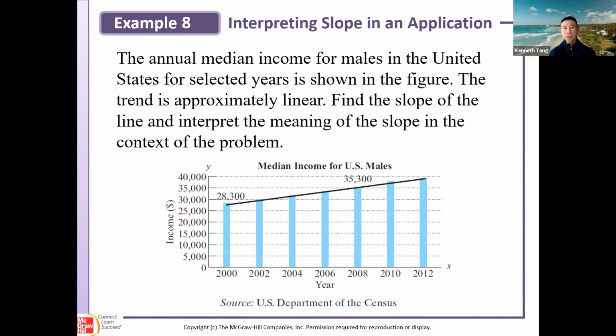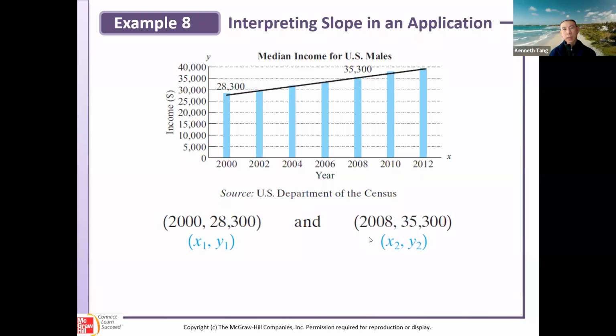They want you to find the slope of that line and interpret the meaning of the slope in the context of the problem. Given two points, 2000 comma 28,300, and 2008 comma whatever number is given, I'm going to establish the two points.